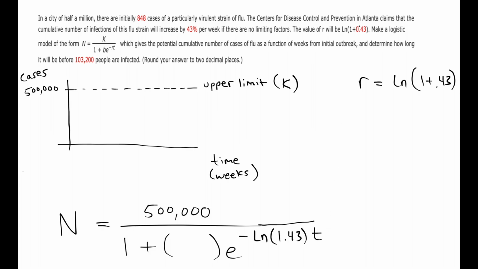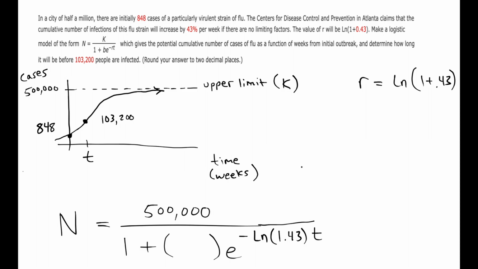Now, start off with 848 cases, and it's going to grow logistically, so it'll approach an asymptote there. They want to know how many weeks will it be until 103,200 cases is reached. So we're trying to find that time t where that occurs.